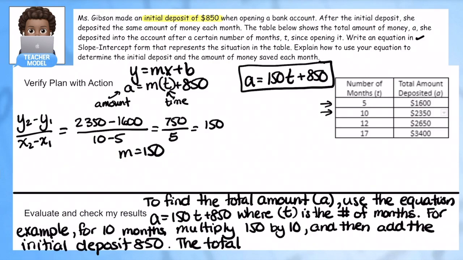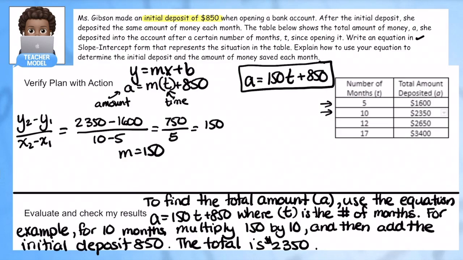The total is 2,350. So at least I explained how to use our equation. We're just going to substitute it for 10 months, multiply 150 by 10, and then add the initial deposit, 850. So I tried to make it very basic so that anyone could see how we wrote it.